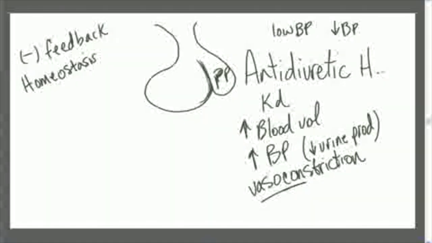Sometimes, though, we have problems. And in the endocrine system, when we have problems or diseases, they're usually due to one of two things. Do you know what that is? Too much or too little of the hormone.